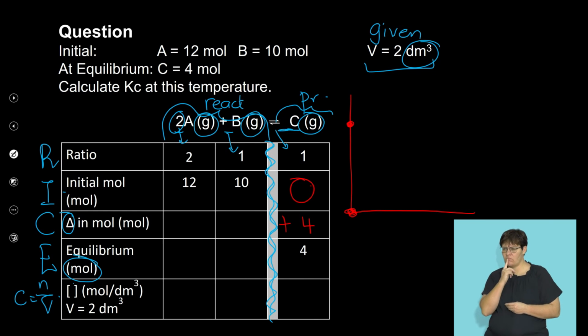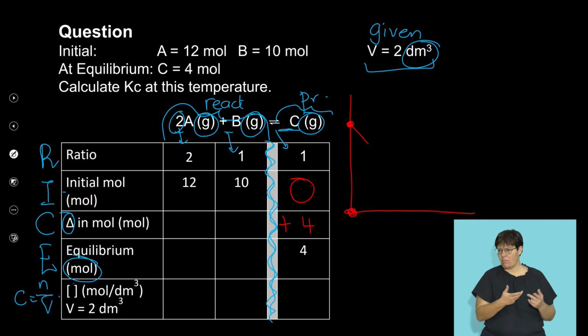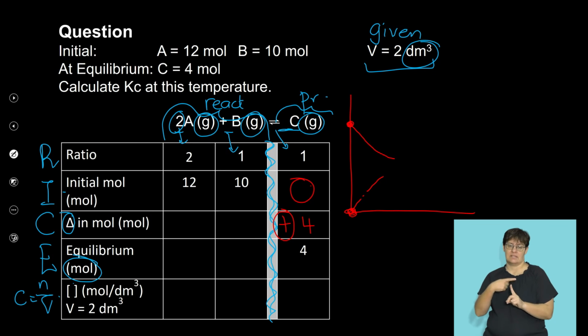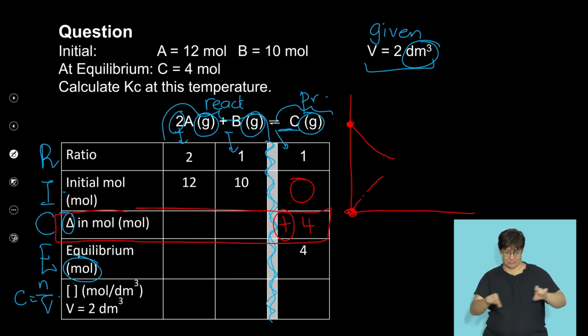Where does that adding come from? Remember, in our forward reaction, our reactants start to convert into product. And as it converts, some of the reactants are now converting into the product. Therefore, we say plus. Then, this is a very important row because this row needs to be aligned with the ratio.